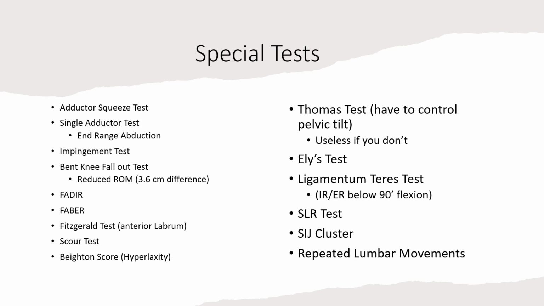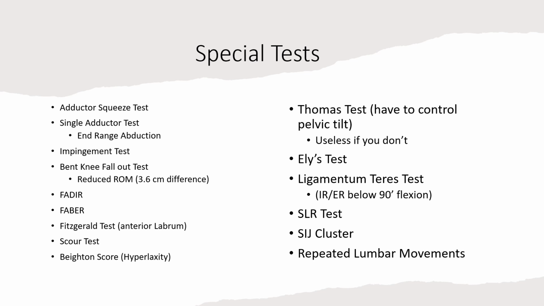As we go through our special tests, after we've gone through our subjective section, we've noticed their posture, we've gone through their passive range of motion, we've done some strength, we've done some palpation. Now we're starting to look at our special tests. We can do an adductor squeeze test, that's just where they squeeze it for about 5 seconds there, see if that causes any adductor pain.